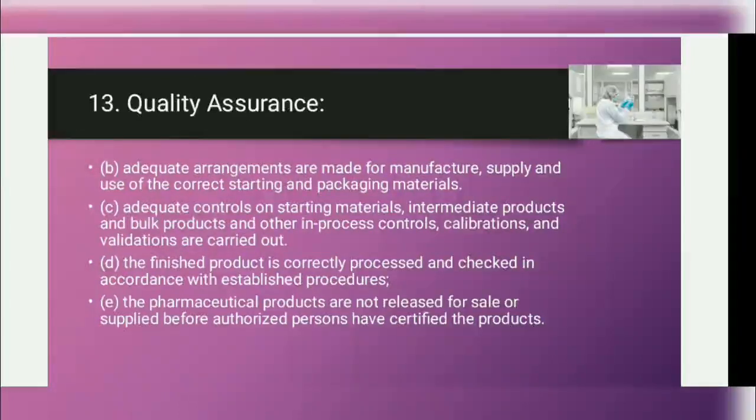So this is the role of quality assurance. What are the roles of quality assurance? Quality assurance must ensure that the products are designed and developed according to the requirements of GMP, GLP, and GCP, and it should also ensure that adequate arrangements are there for manufacture of, supply, and use of correct starting and packaging materials.